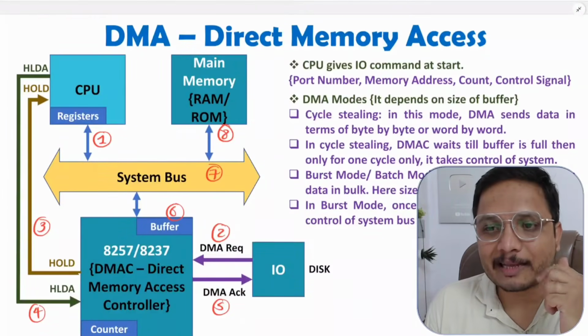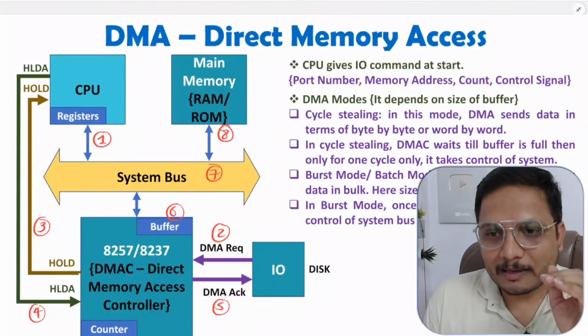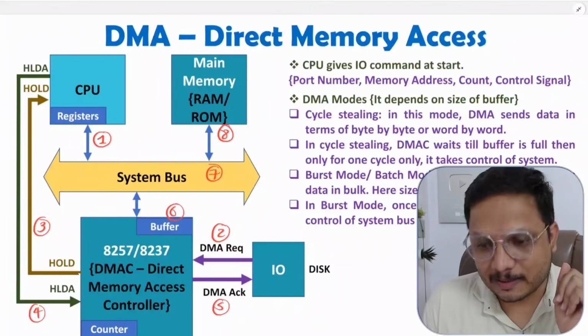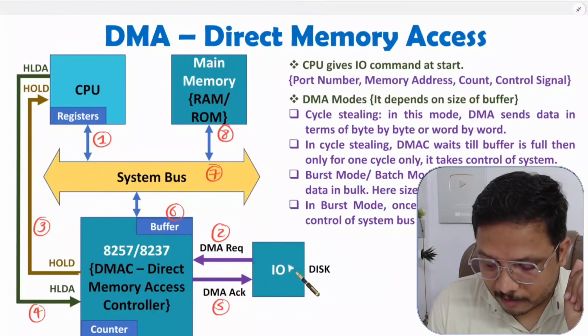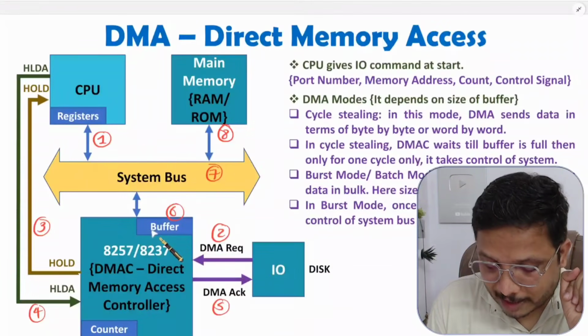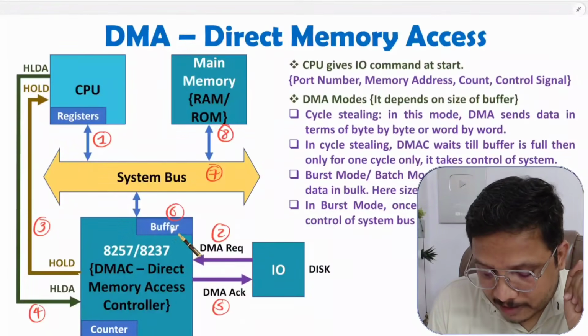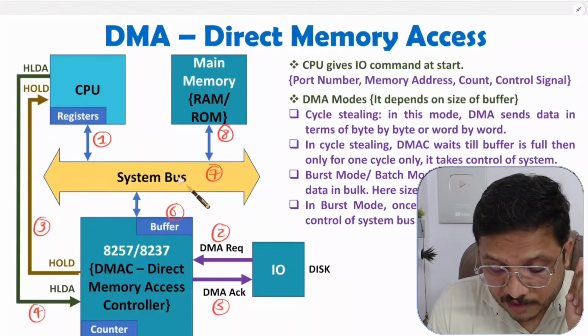Now you might be thinking, why are we discussing all those things? Let us try to understand this. See, when preparation is happening, when disk is transferring data to the buffer, that is preparation time, and at that time you observe the system bus is free.